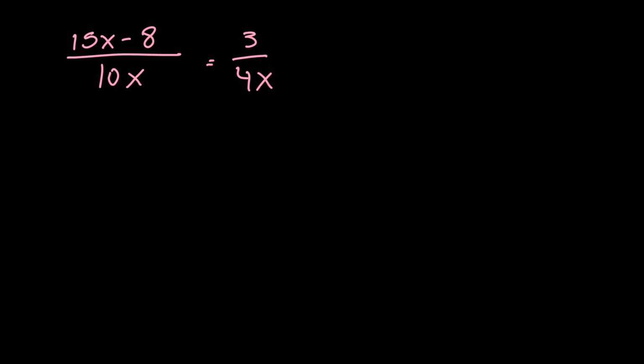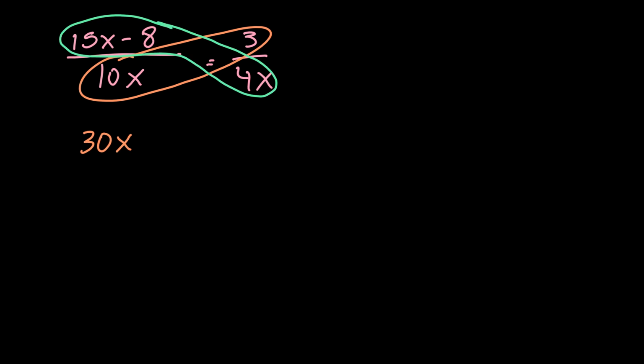So we get 3 times 10x, which is 30x. And then we get 15x minus 8 times 4x, which, what is 4 times 15? 60x. And negative 8 times 4?